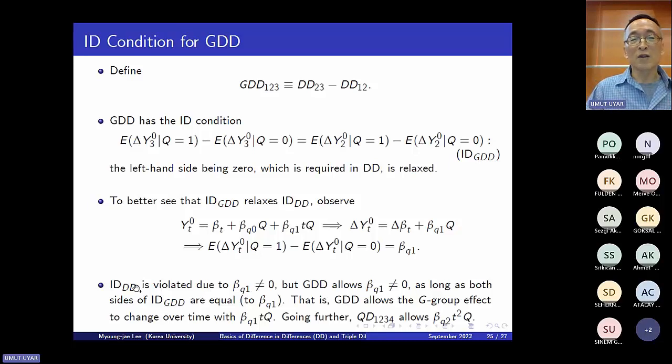So in this model, the DD-ID condition is violated as long as this beta Q1 is not 0. However, generalized DD allows this to be non-zero as long as these two are the same.